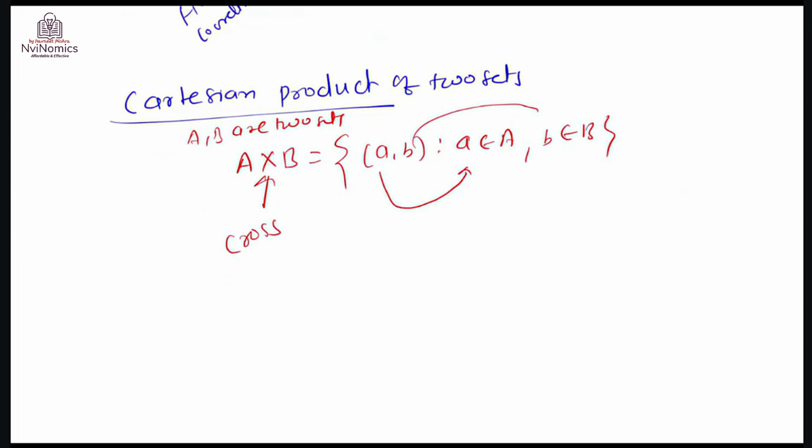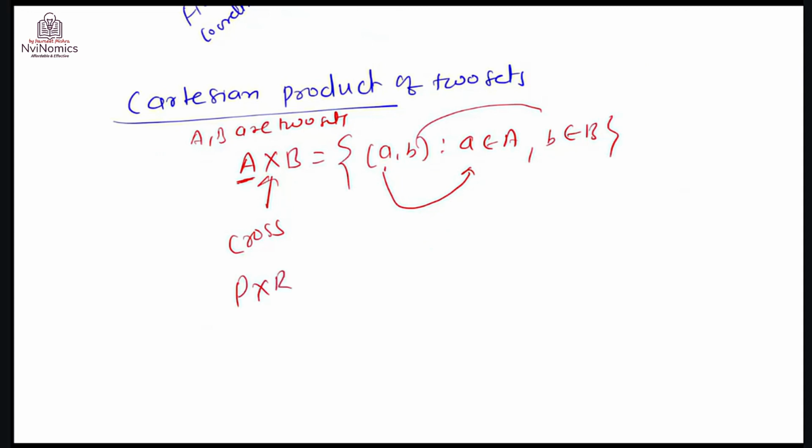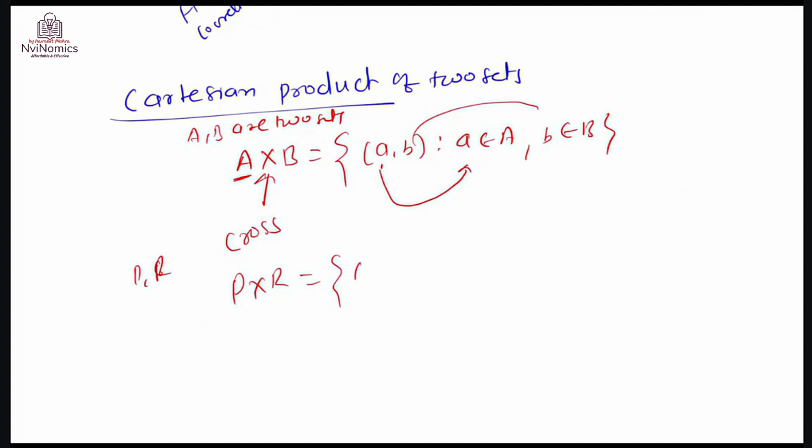So the Cartesian product of two sets is A cross B, and A cross B equals {(a, b)}, where a is an element of A and b is an element of B. You can see that if you write A first, then in the first coordinate the element should be of A. Like if I write P cross Q, suppose P and Q are two sets, then I have to write (p, q), where a small p belongs to capital P and a small q belongs to capital Q. Got it?